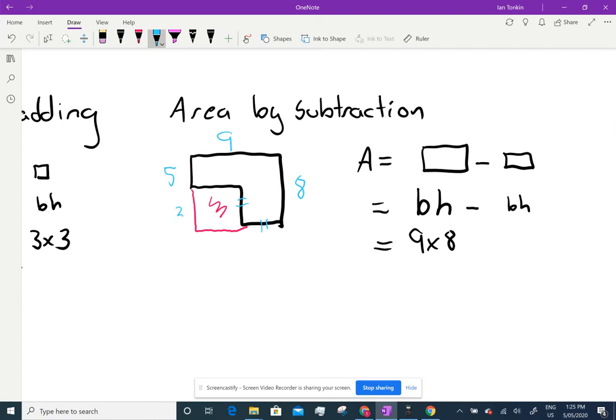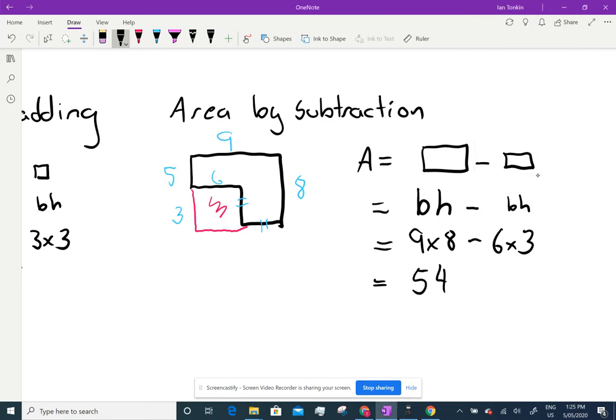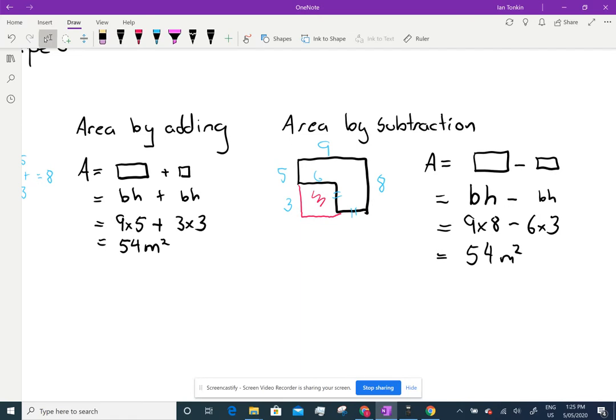Well, that's 3 and that's 6. So minus 6 times 3. I do that on my calculator. 54. And the units is meters squared. And as you can see, two answers, exactly the same, achieved, one by adding, one by subtracting.